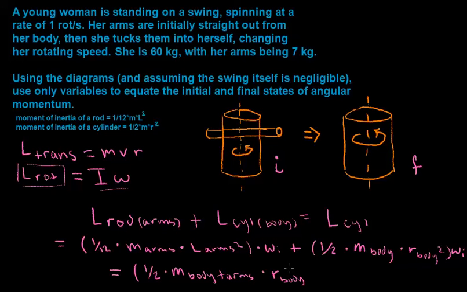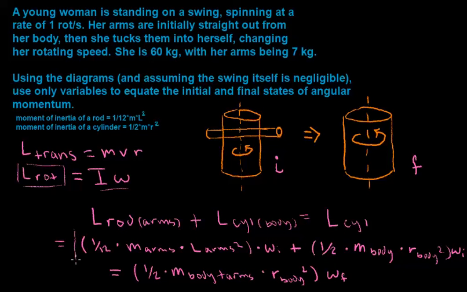We're most likely going to assume that the radius of her body hasn't changed. And then this is all times the final angular velocity, because as she brings her arms in, the problem said that her rotating speed will change after she tucks them in.